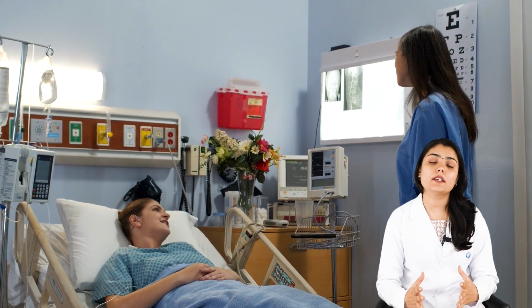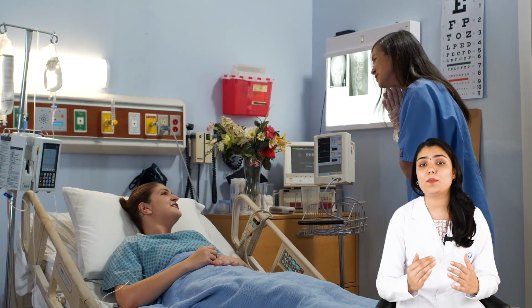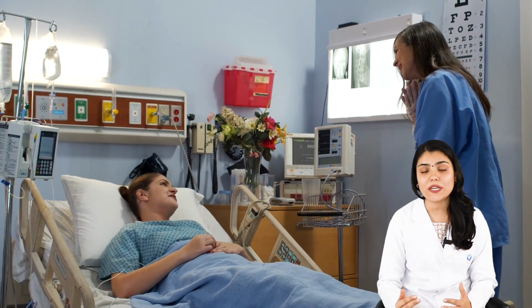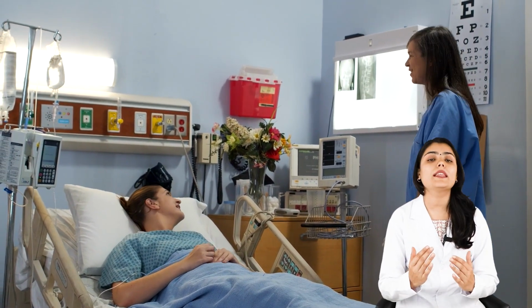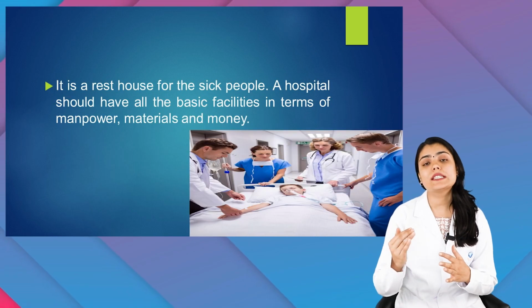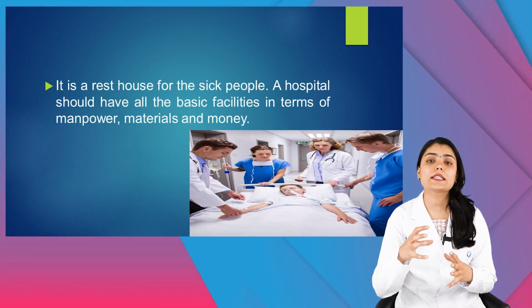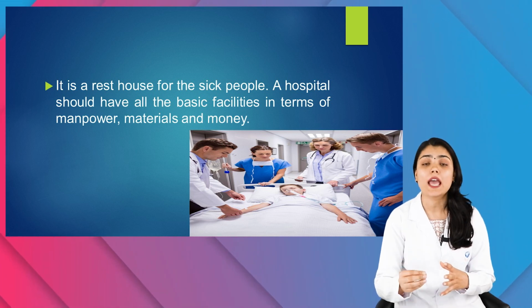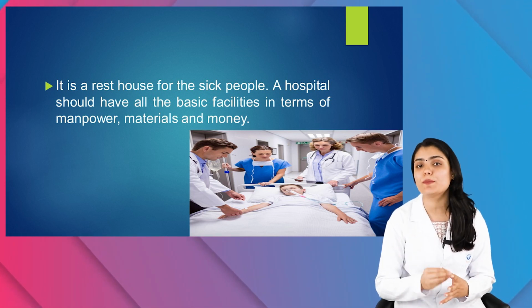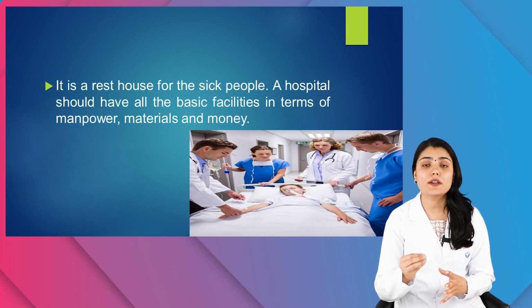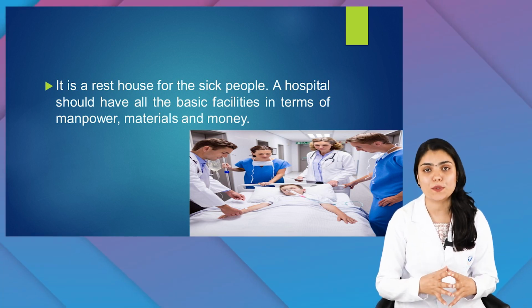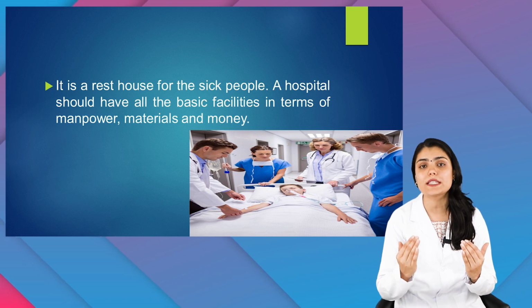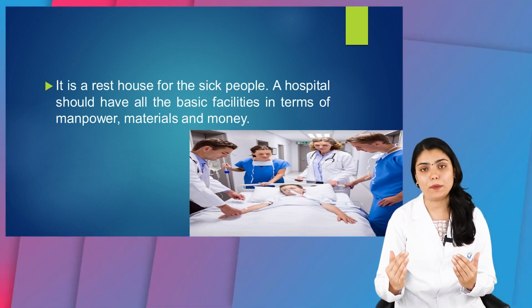In a very common term, we can say that a hospital is a place where sick individuals are treated and provided care by the nurses. We can also say that a hospital is the rest house for the sick people. Every individual who is sick and who requires special treatment, who requires special nursing care, is admitted in the hospital. So it can be considered as a rest house of the sick people.